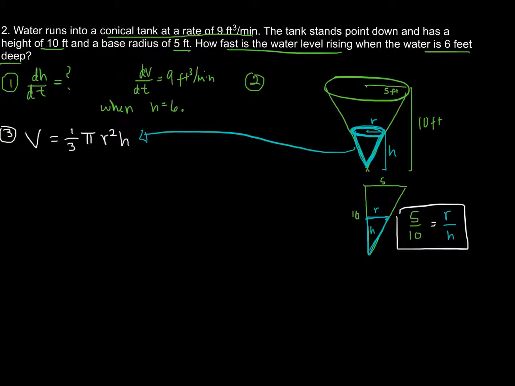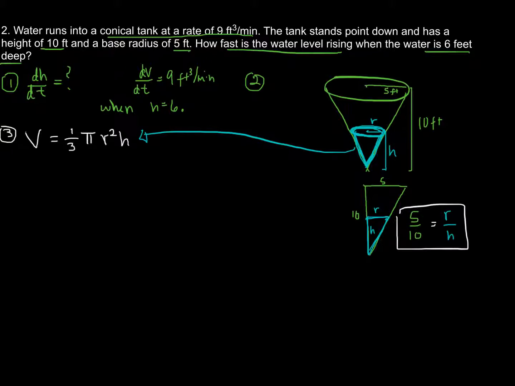Now, my goal was to write a relationship between the volume and the height, right? Because those are the rates of change that I want to find and that I know. But my equation here includes the radius. So we have a couple of options. I could go through and differentiate implicitly, and then I'm going to realize that I have dr/dt and the radius involved as well.